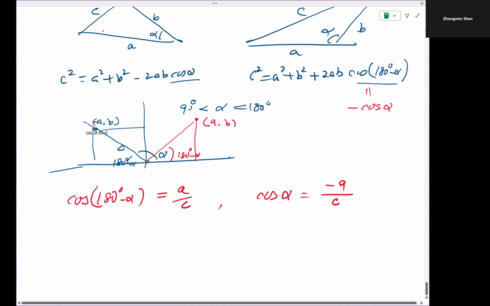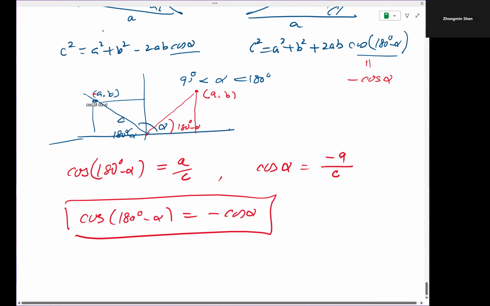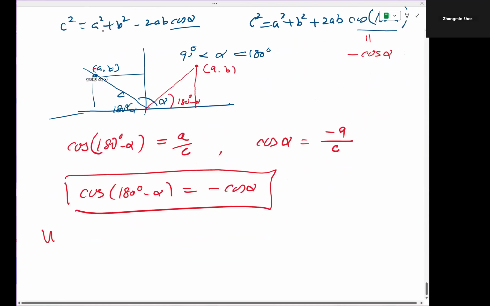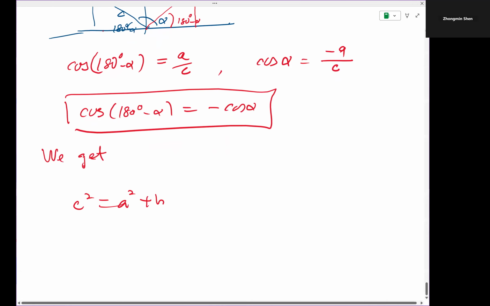So we have the following identity: cosine (180 degrees minus alpha) equals negative cosine alpha, always. We not only discovered this identity, one is negative, the other one is positive, doesn't matter which alpha. So finally, we got c squared equals a squared plus b squared minus 2ab cosine alpha, for any alpha between 0 and 180 degrees, for any triangle.